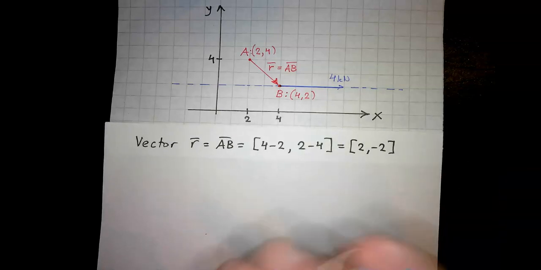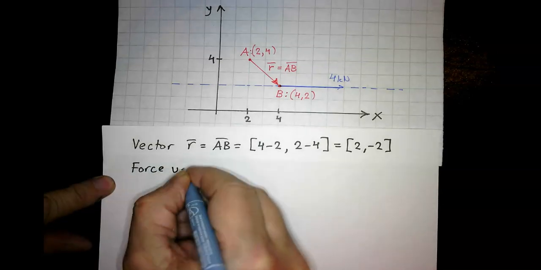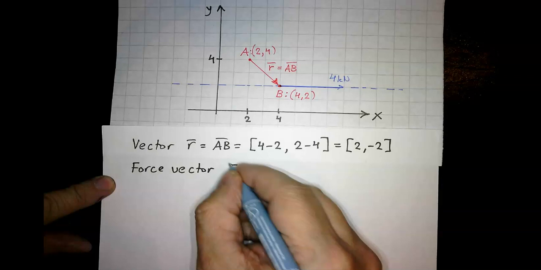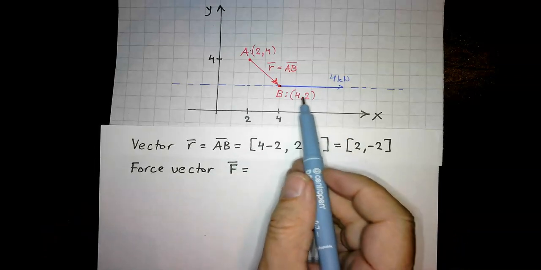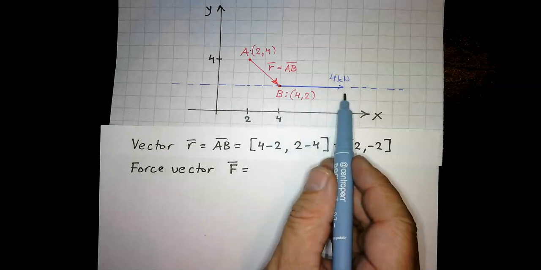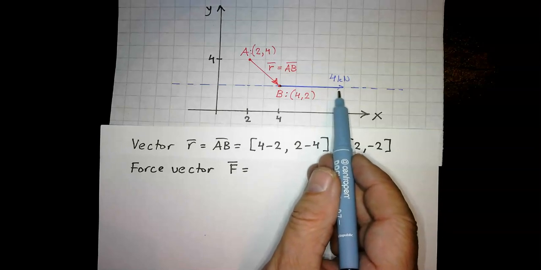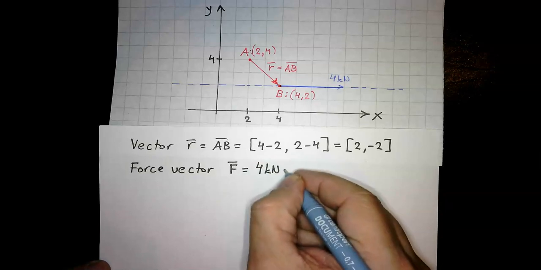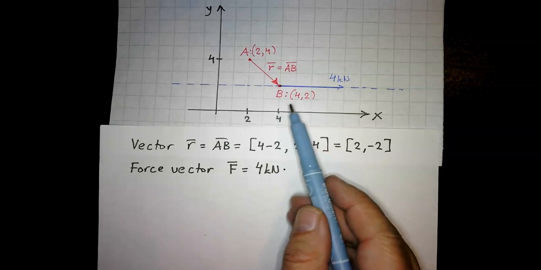And then the force vector here, let's call that vector F. We can see that this force vector has a magnitude of 4 kilonewtons. That is the magnitude of that. And what is the direction of that force in this picture?